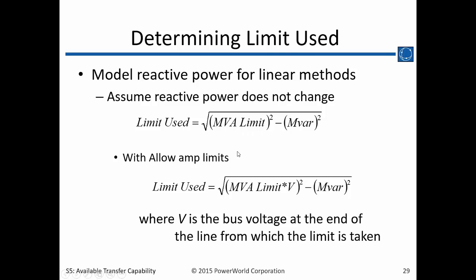As the megawatts increase, the power factor would drop, and it would then be dominated by the megawatts anyway, but it still incorporates a little bit of margin for whatever megavars you have in the reference state or the initial case. And if you want to incorporate amp limits, then it's going to assume a constant voltage.